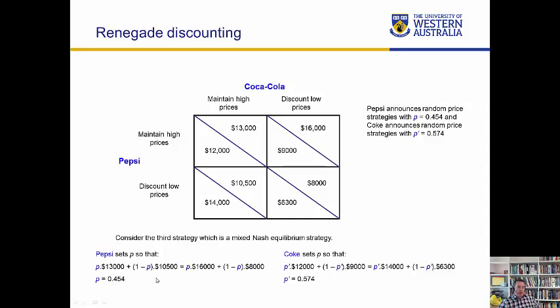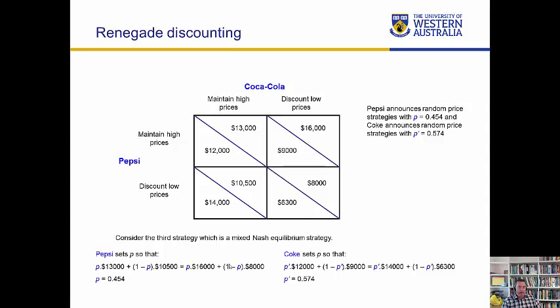So by setting up the equation here, on the left-hand side I've got the expected profit to Coke of setting high prices, and on the right-hand side the expected profit to Coke of setting low prices. The value of P is selected to equalize the two sides of this equation, to make this equality hold, and P comes out to be 45.4%.